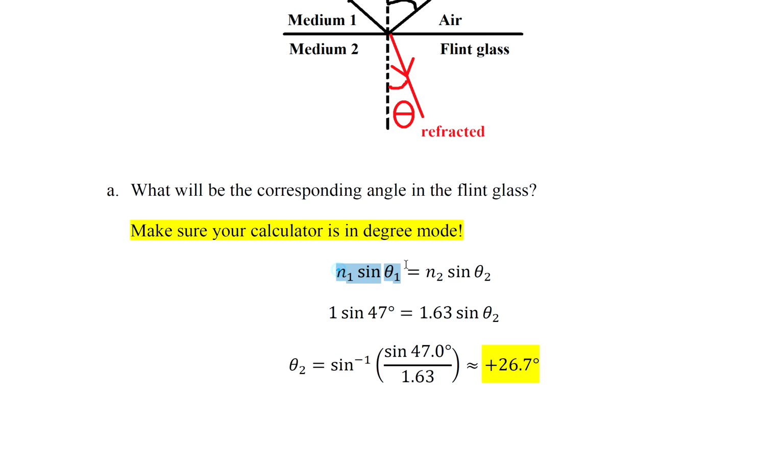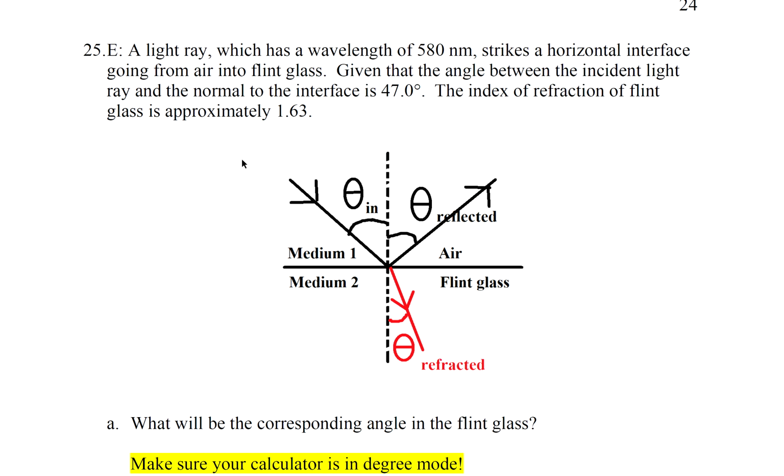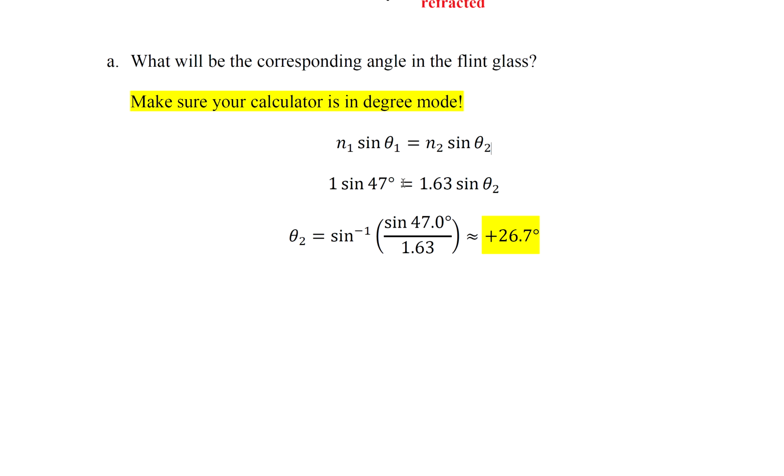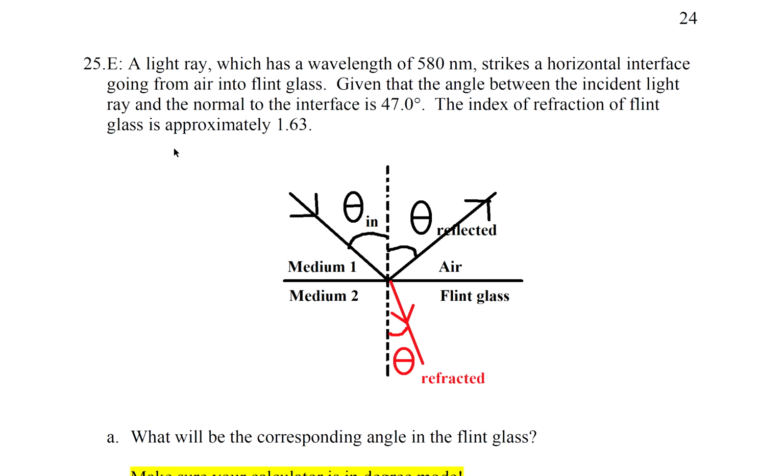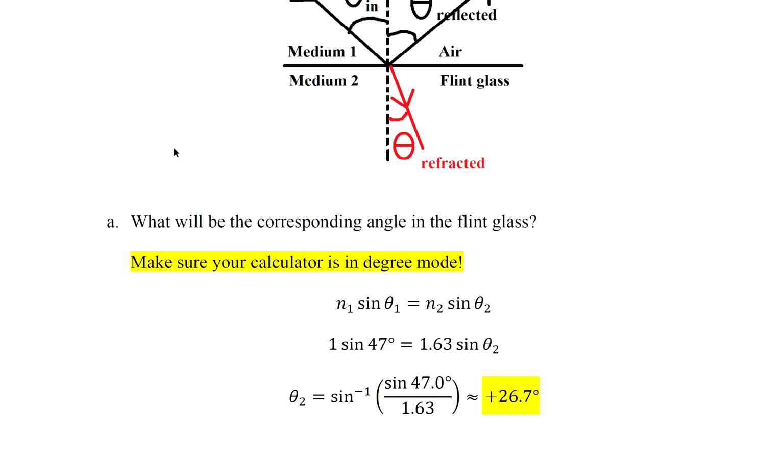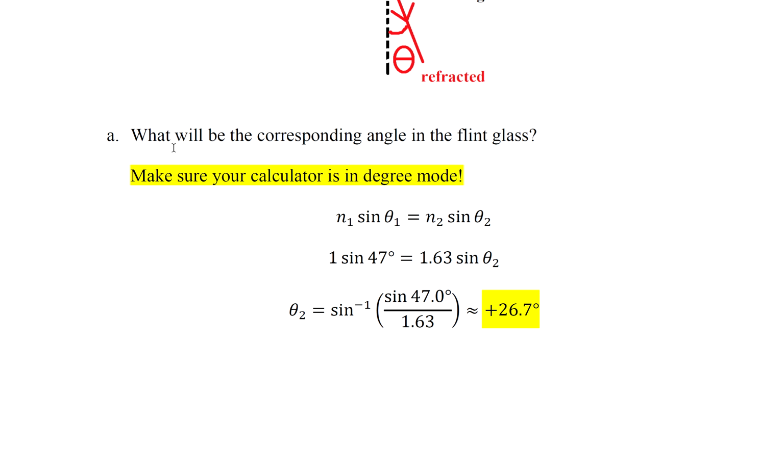So n1 sine theta 1 equals n2 sine theta 2. We know little n in air is about 1, and we were given that little n in flint glass, the index of refraction, is 1.63. We were given theta 1, so we could solve for theta 2. Make sure your calculator is in degree mode.